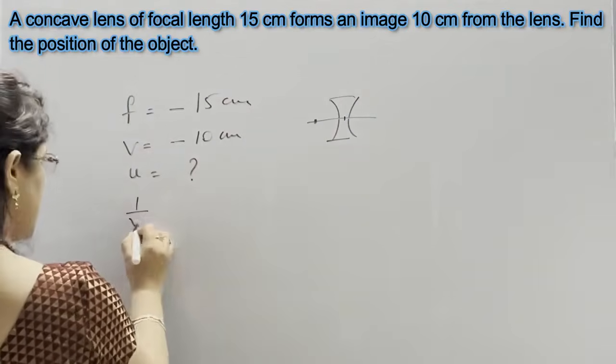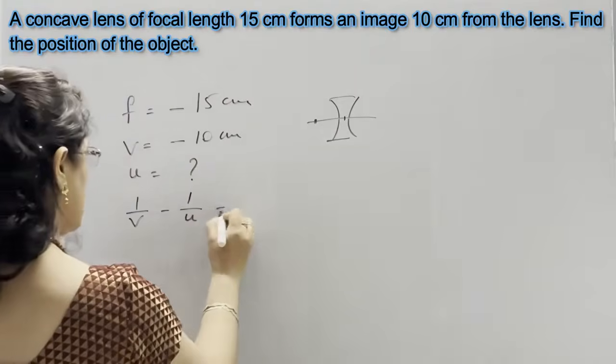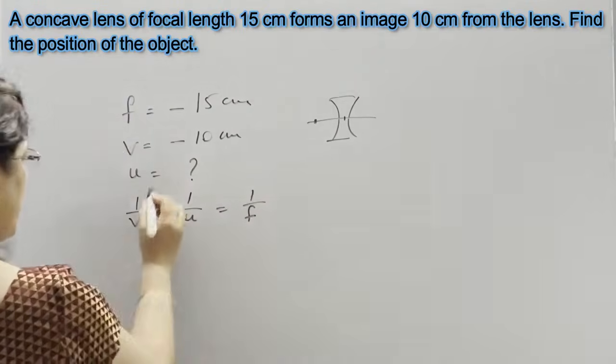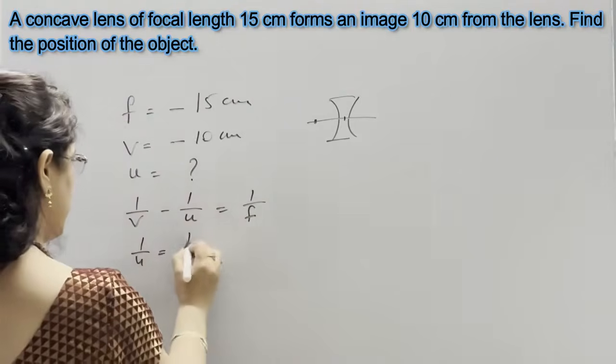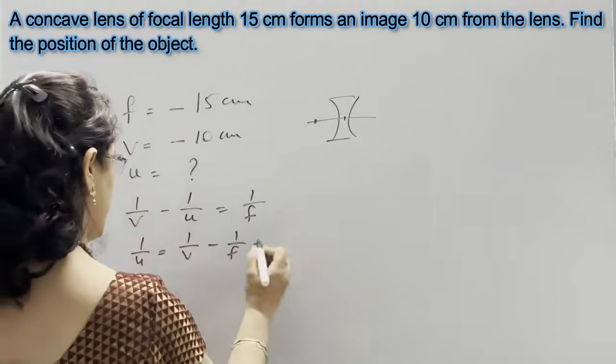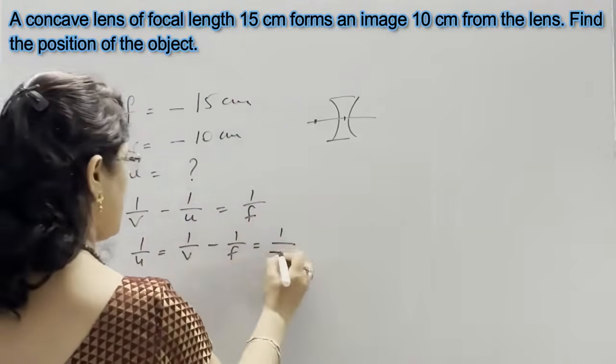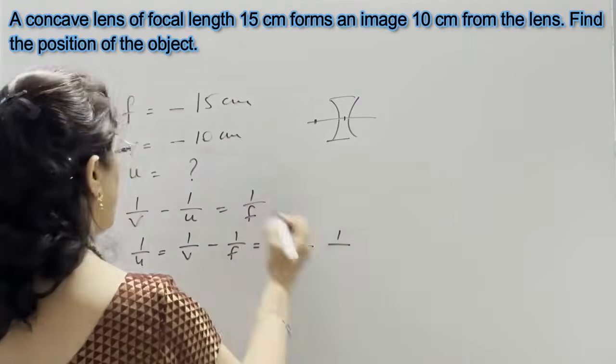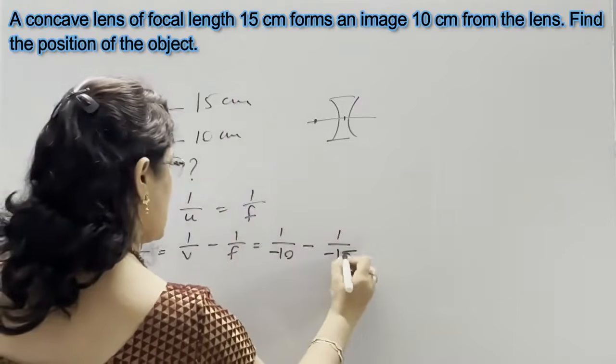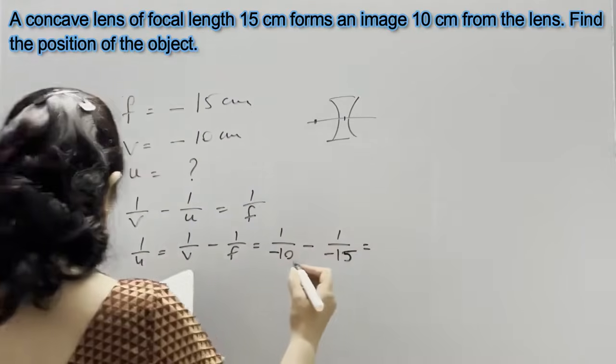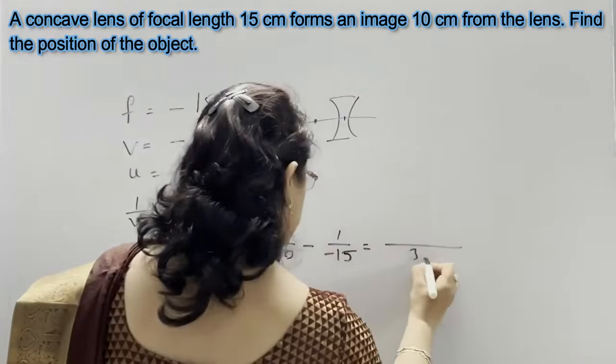The lens formula remains the same, 1 by v minus 1 by u is equal to 1 by f. So we have to calculate 1 by u. It means 1 by v minus 1 by f. 1 by v is minus 10, minus 1 by f is minus minus 15. So the LCM of 15 and 10 is 30.